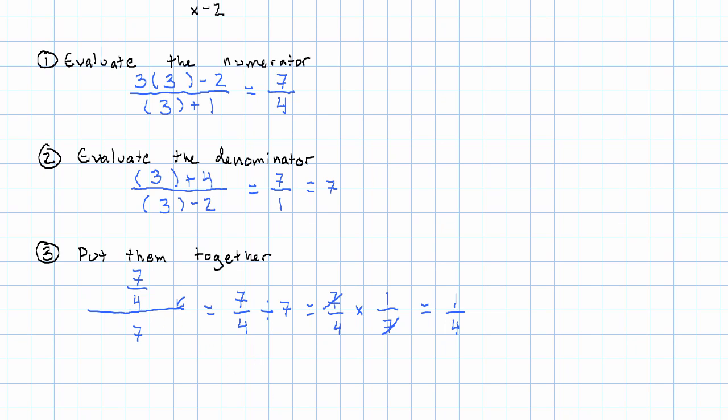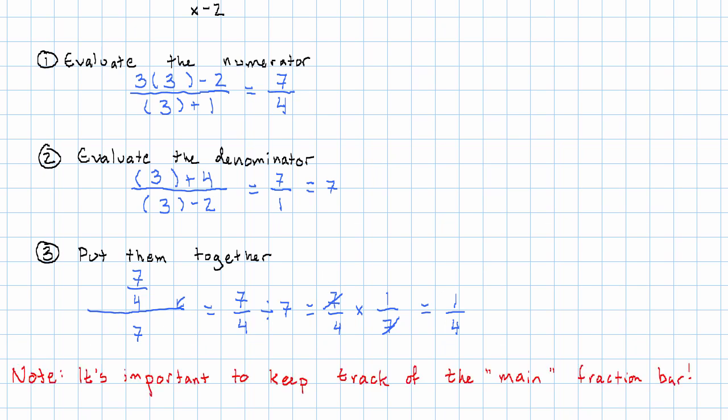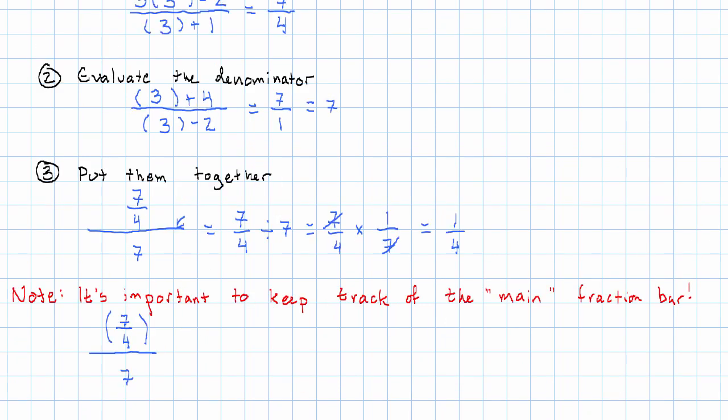Now, one quick thing to notice. It's important to keep track of which one is the main fraction bar, right? Because, for example, if we have 7 over 4 all over 7, that's different from 7 over 4 over 7.